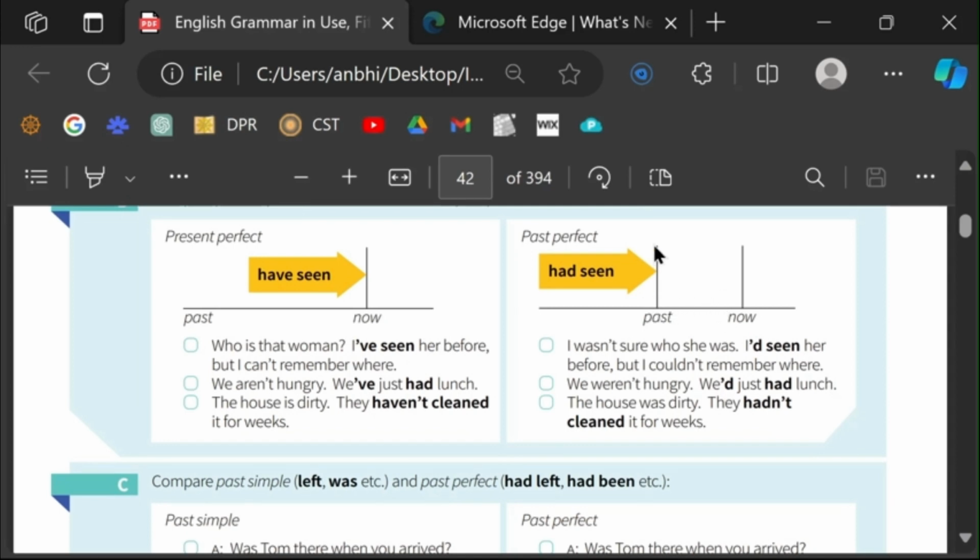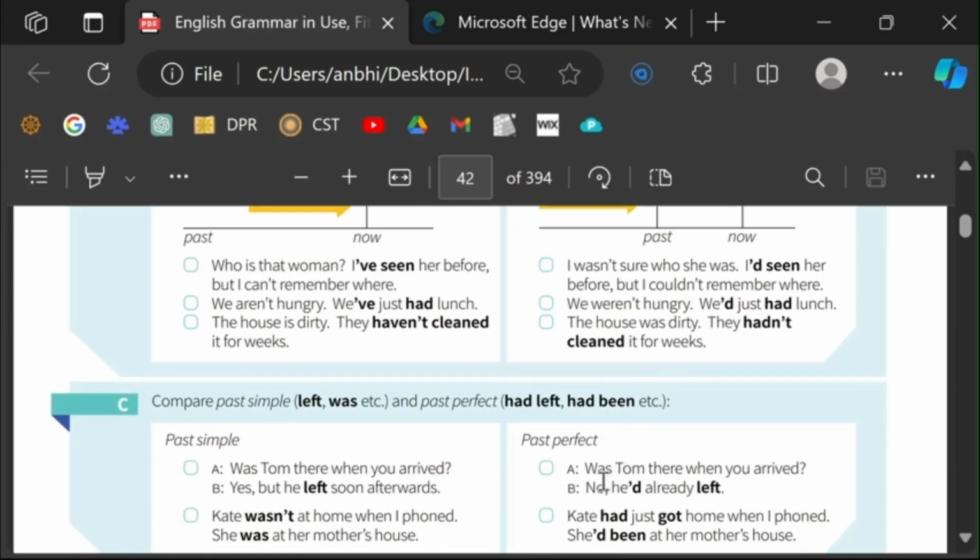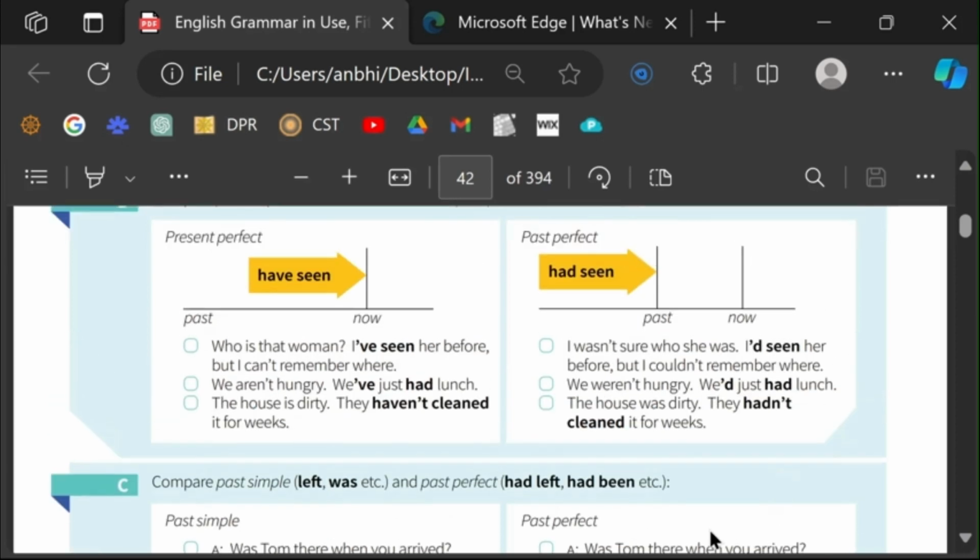I arrived in the past, and soon after that, he left. It happens after this action. But in this case, was Tom there when you arrived? No, he had already left. So this means I arrived in this point in time. He had already left. This means before.